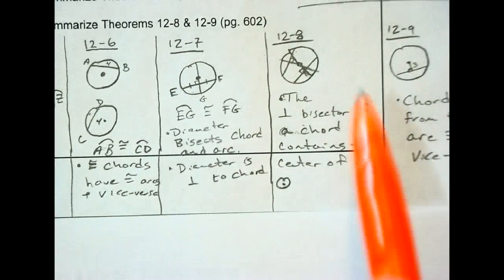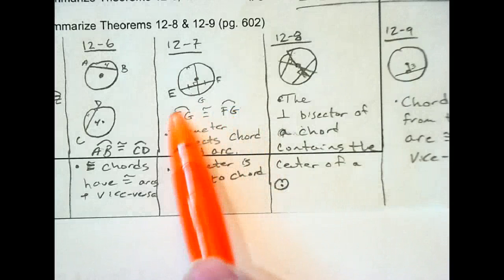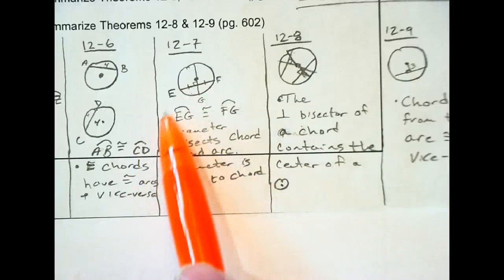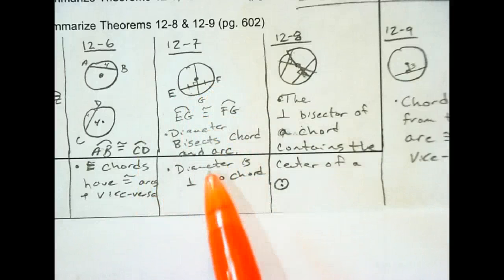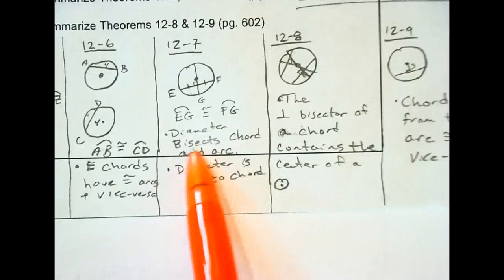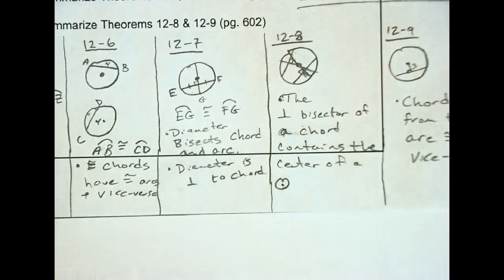Theorem 12.7. Arc EG is congruent to arc FG. The diameter bisects chords and arcs, and the diameter is perpendicular to a chord.